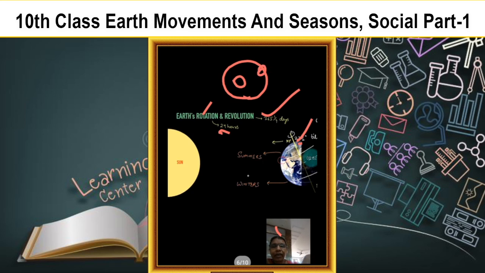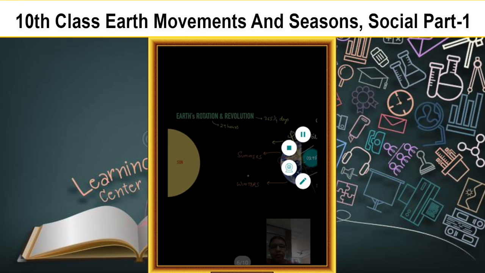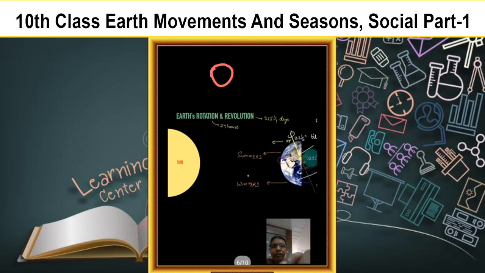The Earth moving around the Sun is called revolution. The Earth moves on itself, which is called rotation, and as well it moves around the Sun, and that is called revolution.